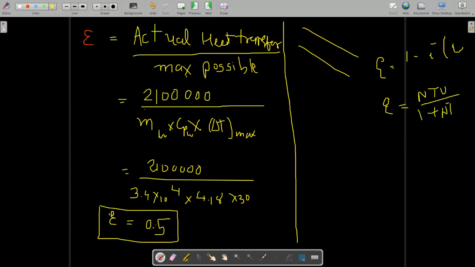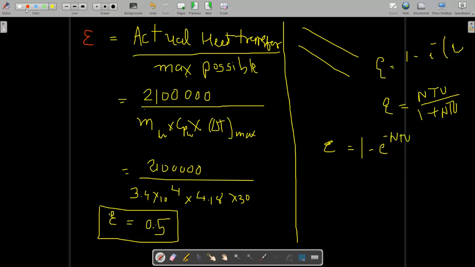There are many cases. Here one fluid is undergoing phase change, that means steam is condensing from vapor to liquid, and the other fluid is getting sensible heat. So the effectiveness equation will be 1 minus e raised to minus NTU, and this is the equation we will use.